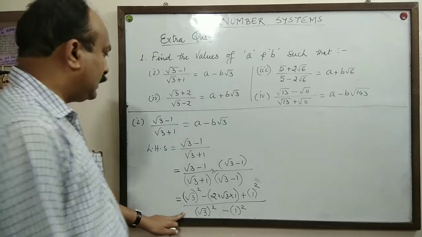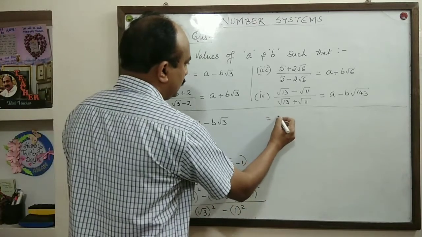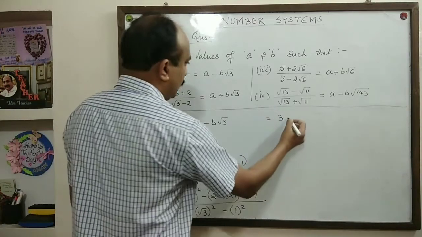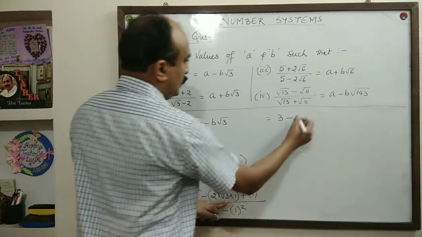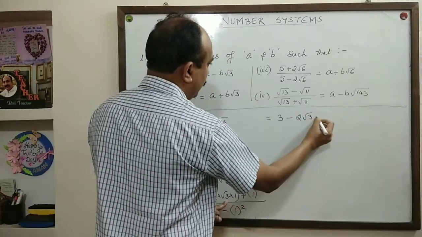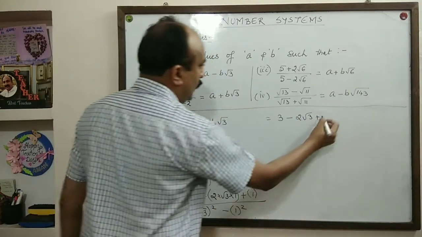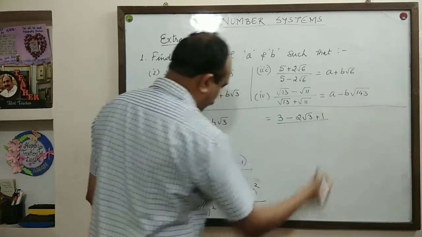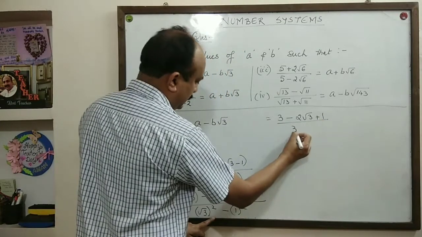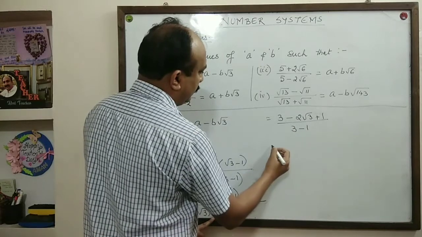It is root 3 square 3 minus 2 root 3 plus 1 upon root 3 square is 3, 1 square is 1.